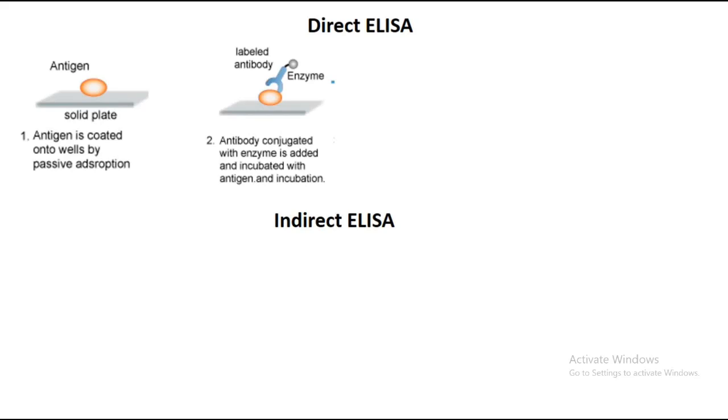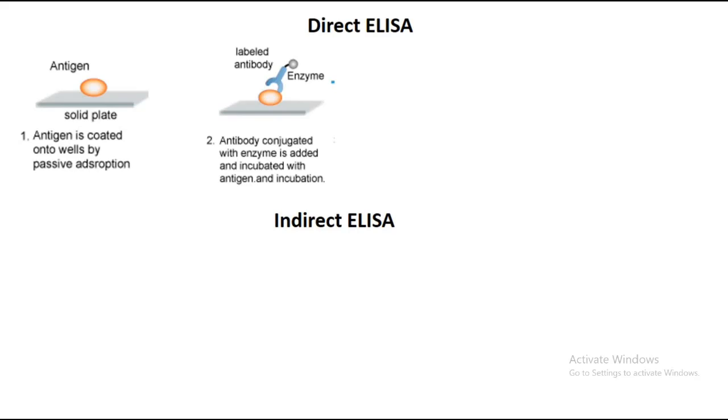We're going to start off with a direct ELISA. In a direct ELISA, you add your sample containing the antigen target. The antigen target subsequently binds to the plastic plate. Because you've isolated your target on the plastic plate, you simply then add your detection antibody.